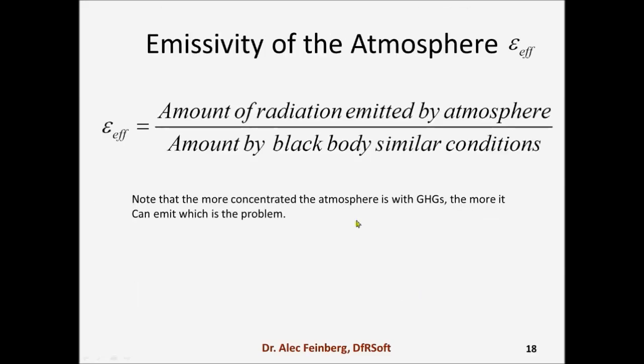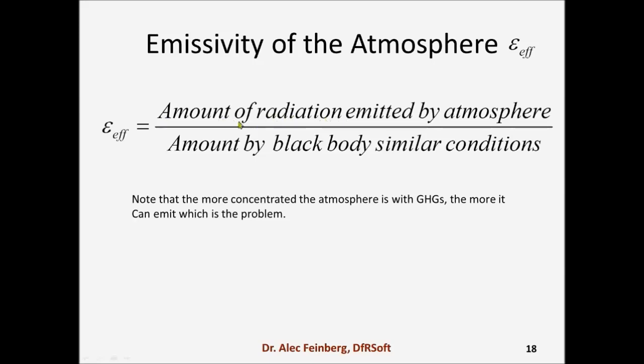Now let's talk a little bit about the emissivity. The emissivity of the atmosphere is basically, when we have infrared radiation coming off the Earth from solar absorption, how much of that gets absorbed and re-radiated by the atmosphere.